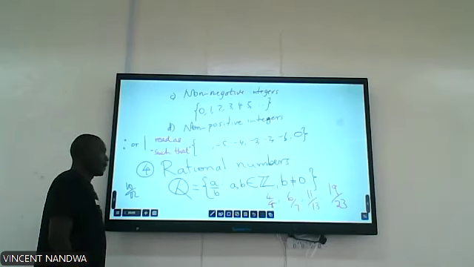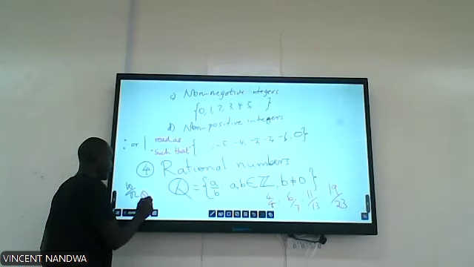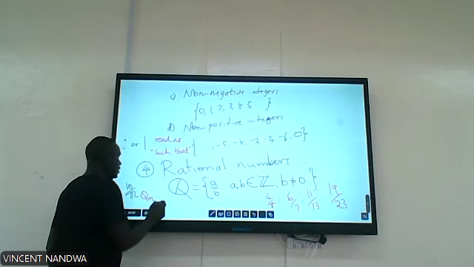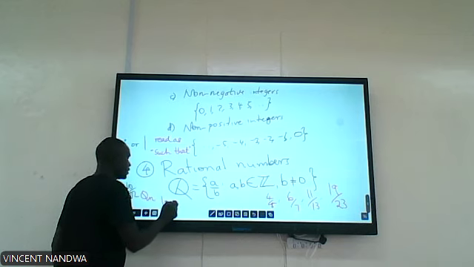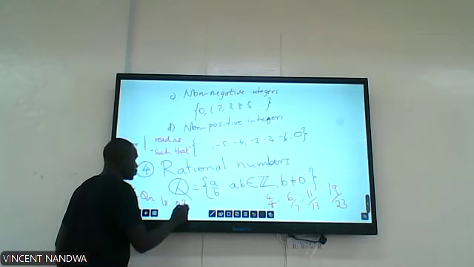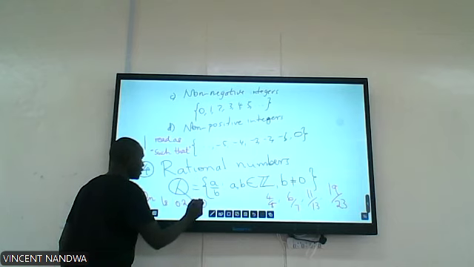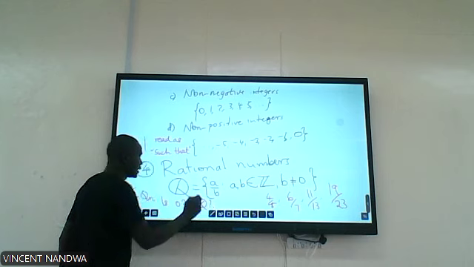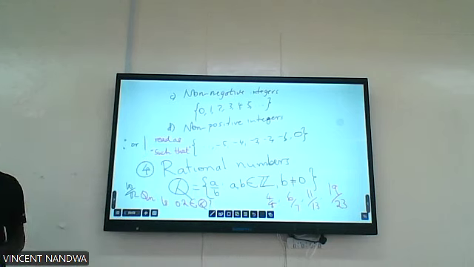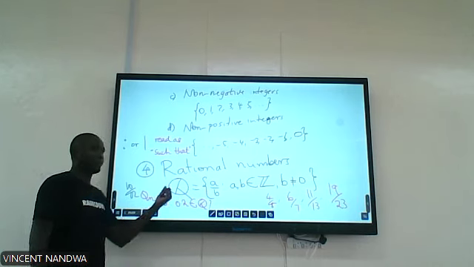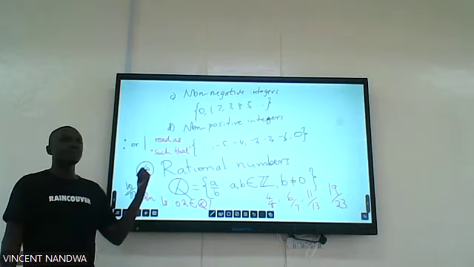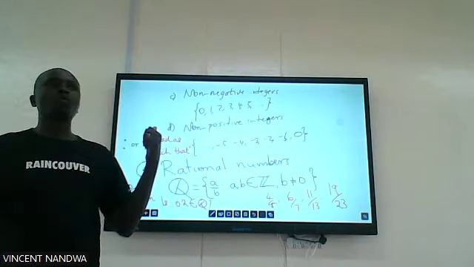Then a question: is 0.2 rational? True or false?